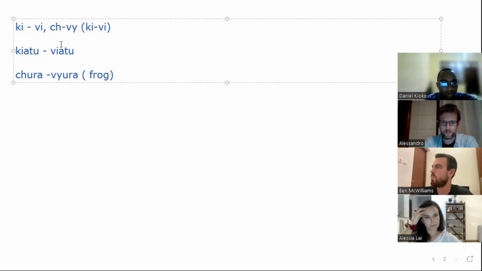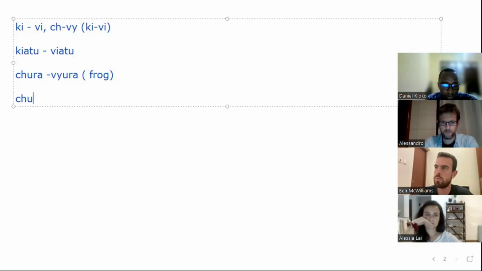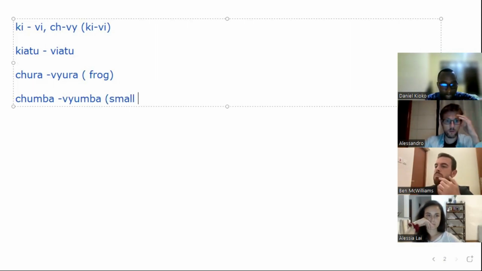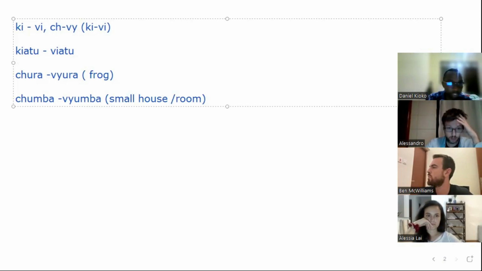Another good example, because this one will go under ma-u: chumba, vyumba. This is a small house, or maybe a room, and the plural. Also, this one is ch-vy.